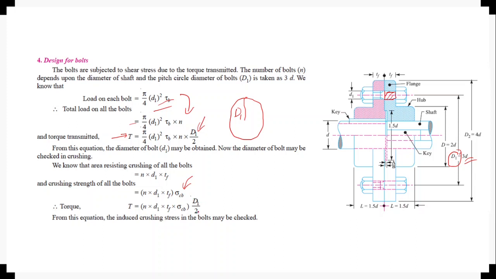That force into d1 by 2 is the external torque. We can equate this with external torque, and from this equation also we can calculate d1. Then compare this d1 and the previous d1, and select a convenient diameter.